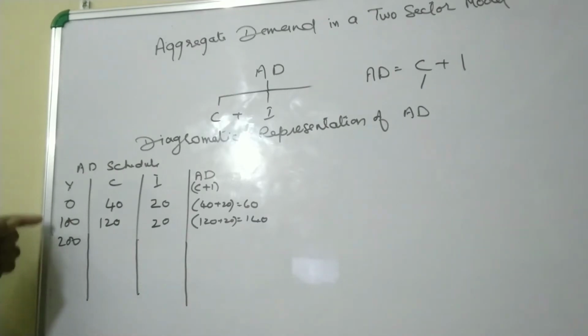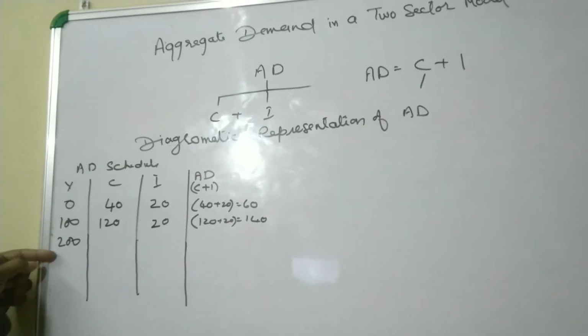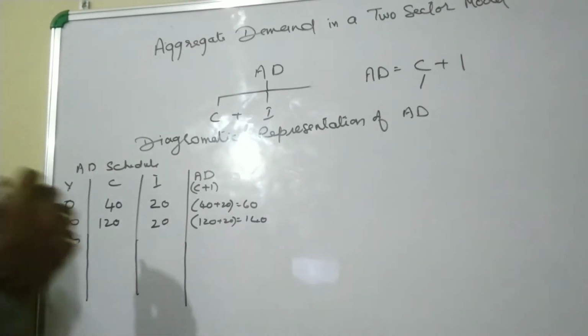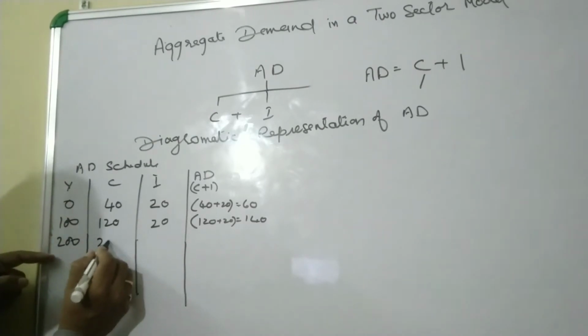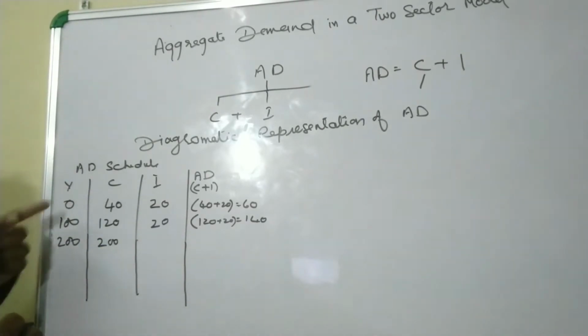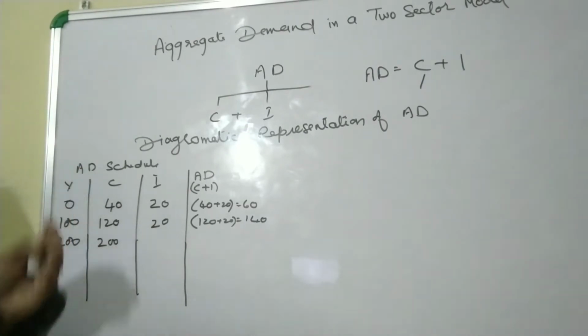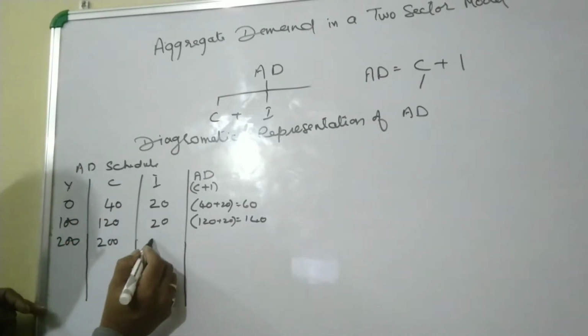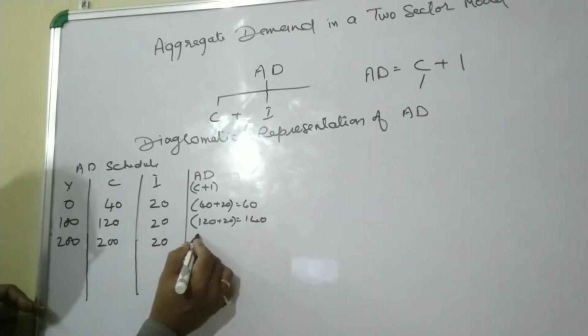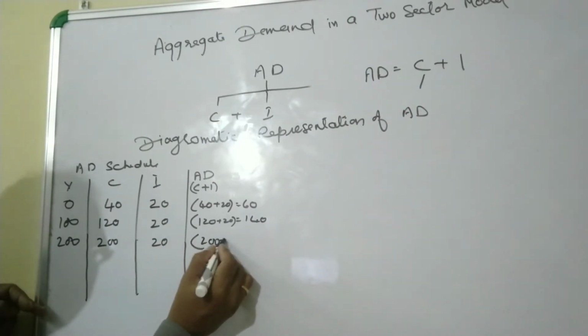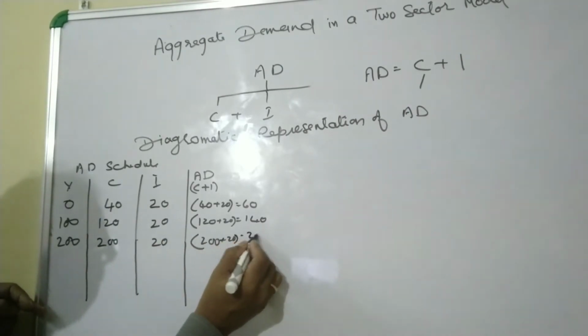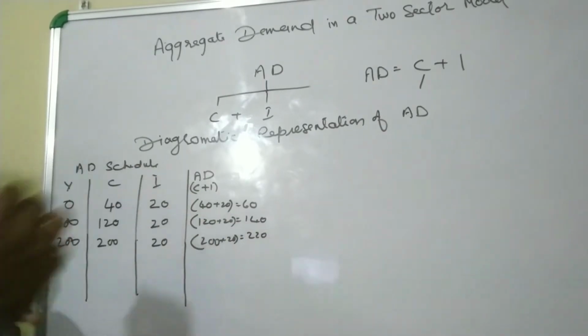Then your income has increased to 200. When income has increased to 200, the consumption expenditure is also 200. Consumption expenditure is also increasing in proportion to income. Investment expenditure will remain the same. So this is going to be 200 plus 20, so this is going to be 220.